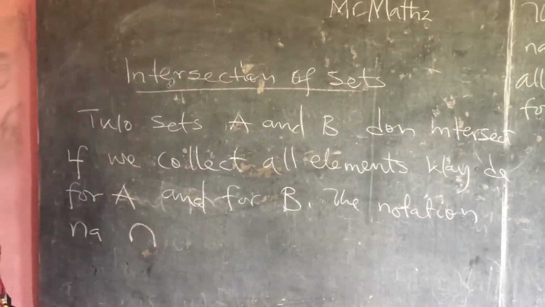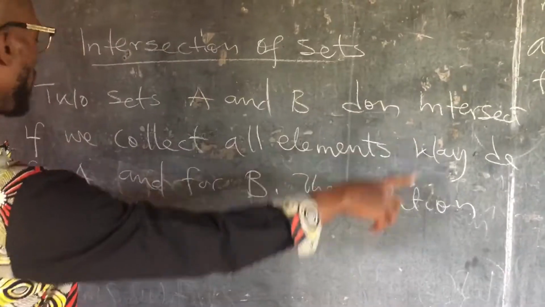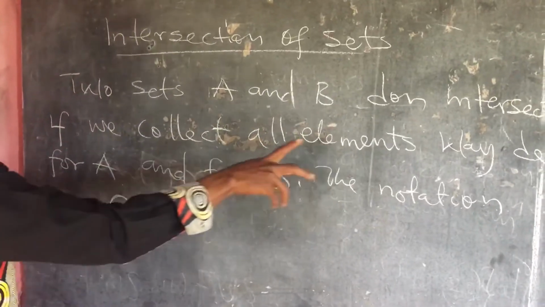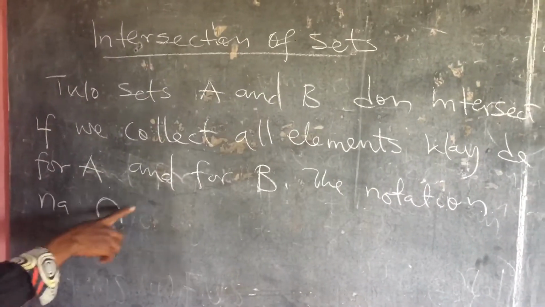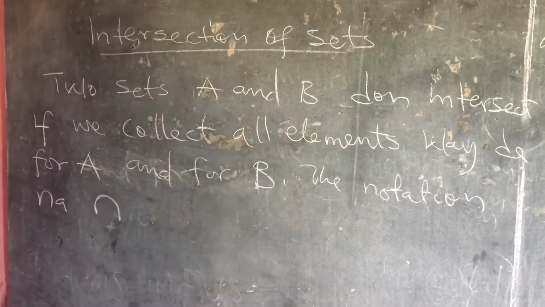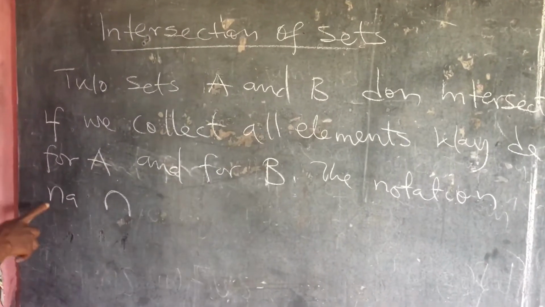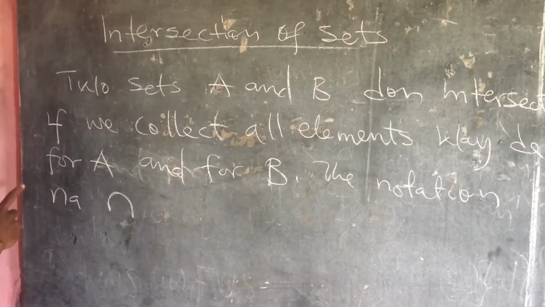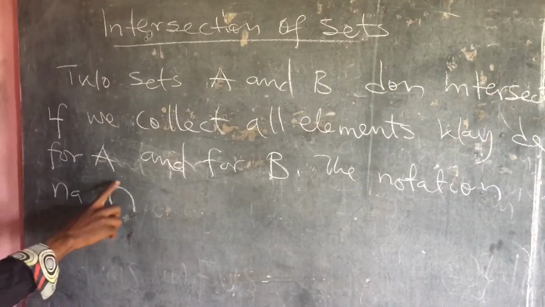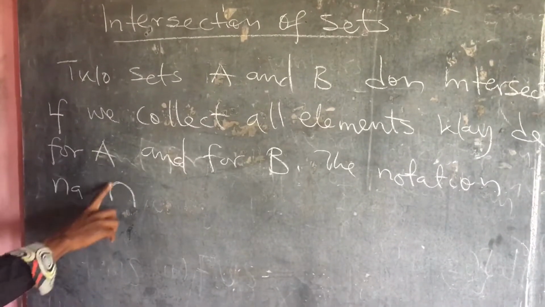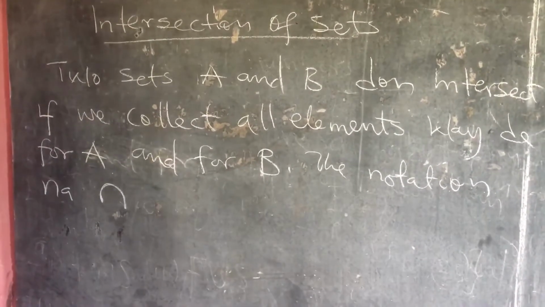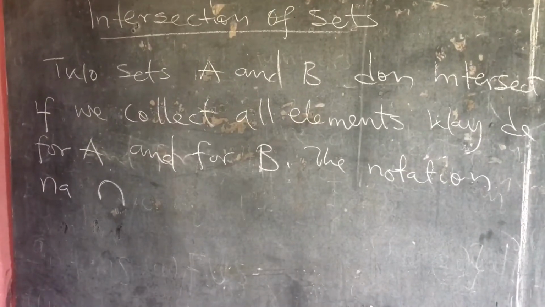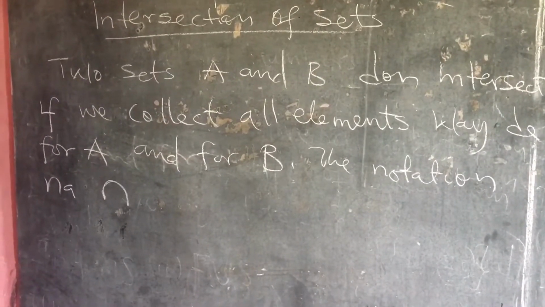We say two sets A and B don intersect if we collect all elements wey dey for A and for B. So the notation for intersection na this symbol. If you don do something like this, we don denote or we don give sign of intersection.